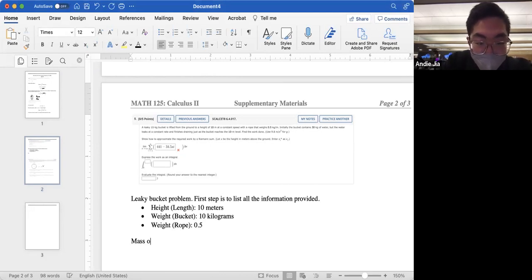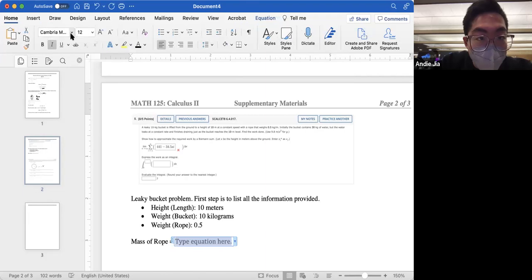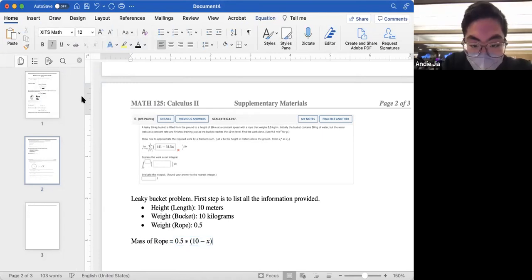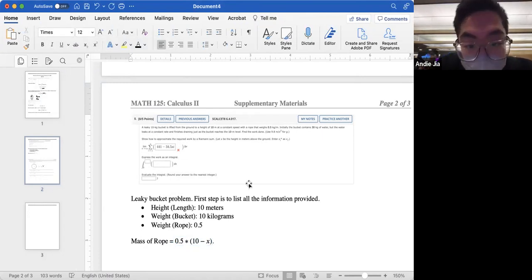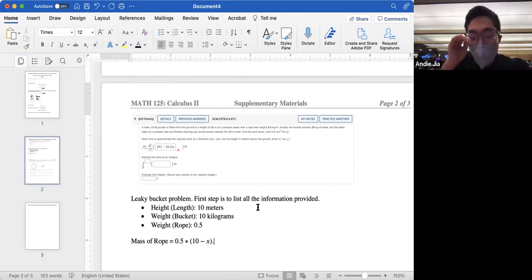So the mass of the rope is equal to the expression 0.5 times 10 minus x. When we set this up, the water is draining from the 10 meter level, and the total weight of water is 30 kilograms.